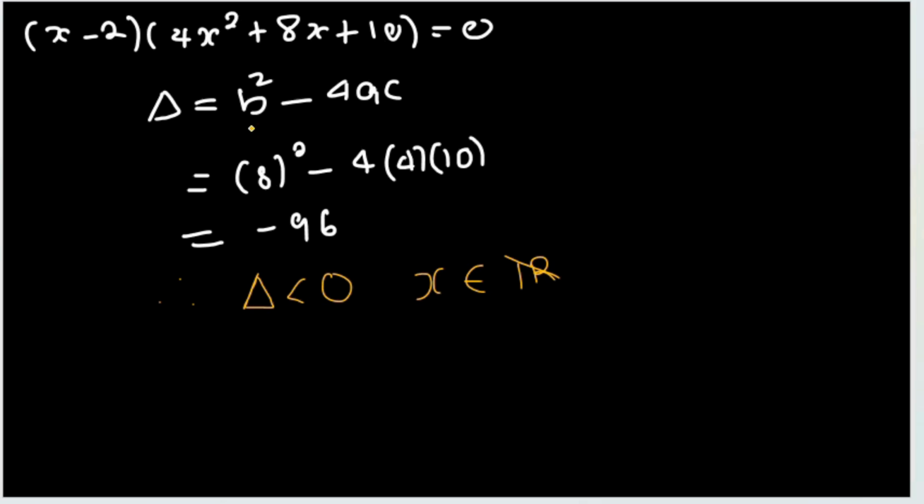Even if we like it or not, we will get math error. Therefore, it tells me that my x minus 2 is the only possible factor for this derived equation. So my x is equals to 2. All right. So if my x is equal to 2, it tells me that the possible minimum x value is 2.